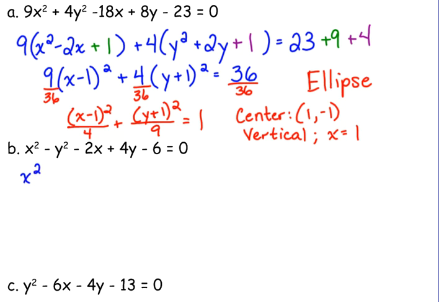We got x squared minus 2x minus y squared. A minus is like multiplying by -1. That's like having a coefficient. So we need to factor that out of our y terms there. So that's going to be minus parentheses y squared minus 4y. We got to factor out that negative from the y's. And we move the 6 to the other side.